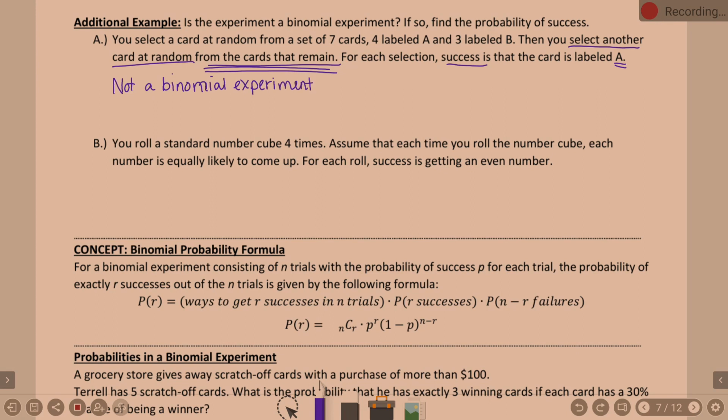Okay, it's not a binomial experiment because the events are not independent. The second card is dependent on what the first card was. The first card affects the probability of the second card is my explanation here.